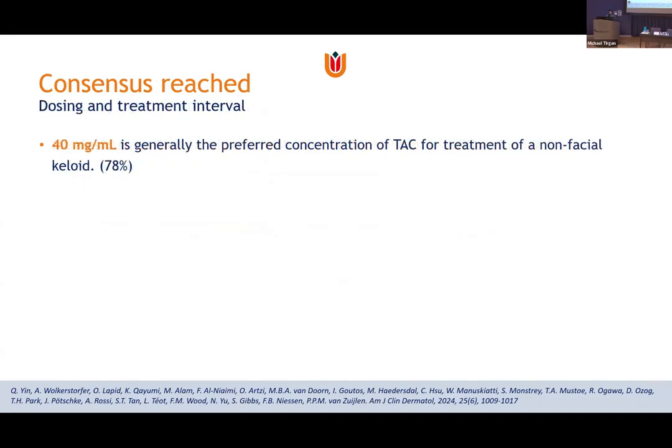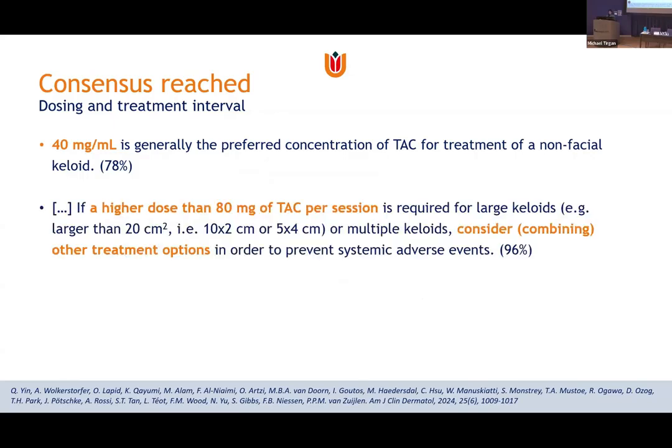Considering the concentration, 40 milligrams per milliliter is generally the preferred concentration for treatment of a non-facial keloid. And with regard to the risk of systemic adverse events, consensus was reached that if a higher dose than 80 milligrams of triamcinolone per session is required for large keloids or multiple keloids, one should consider other treatment options or combining other treatment options.